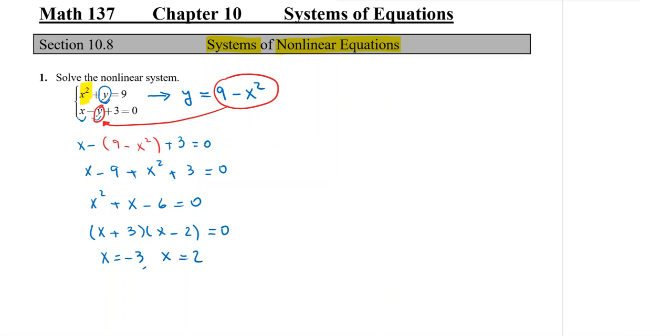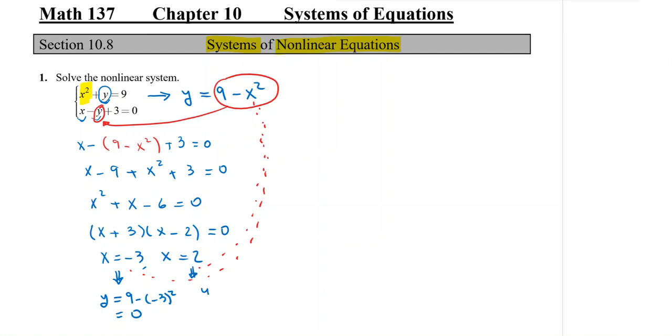Because it's a system, we also have to find the corresponding y. And it's easiest to just plug these numbers back into our substitution equation. So for each of these x's, we are going to get a y. When x is negative 3, y is 9 minus negative 3 squared, which is 0.